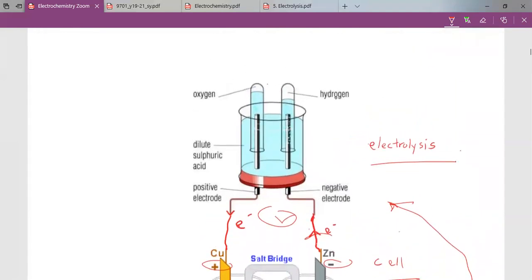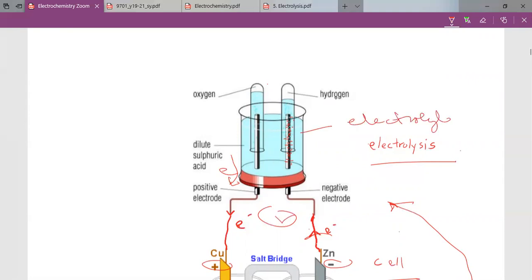What is this energy? The electrons at this carbon electrode come from the zinc, and the copper side sucks up electrons, like a vacuum cleaner. So one will be the source, one will be the removal. So what actually happens here? This, of course, must be the electrolyte.